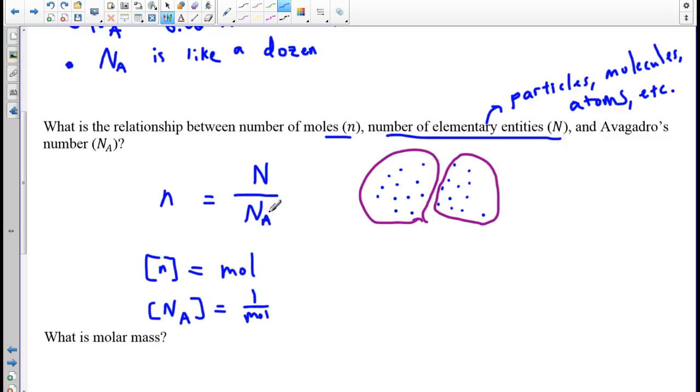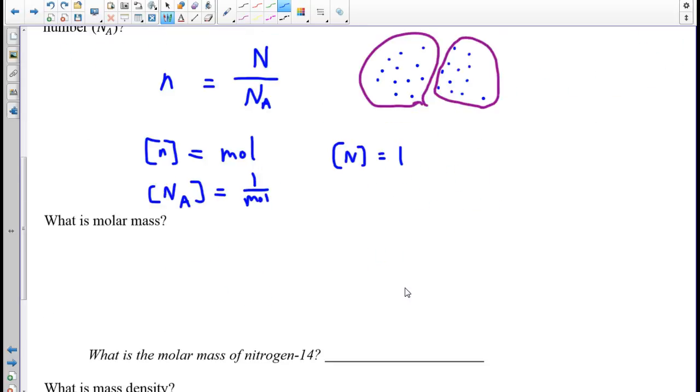And if you plug in something in 1 over moles, the units are going to work out in this equation. And big N, the number of elementary items or entities, the number of particles, atoms, molecules, has no unit, so we say the unit is just 1. There are no units.